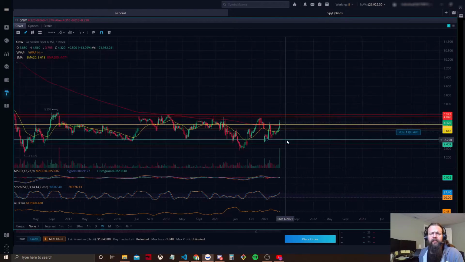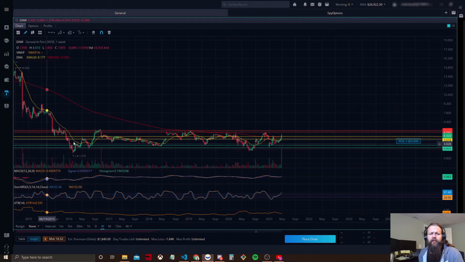So, now that we know that we have this super long-term channel, we have some interesting things to think about. Because in the long term, that 200 EMA has finally dropped down low enough to come into play.